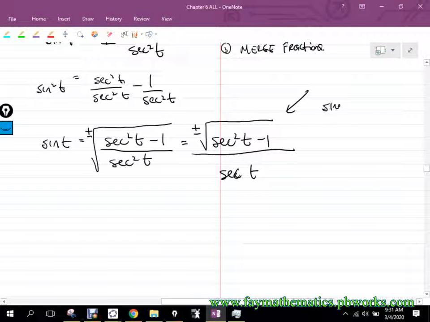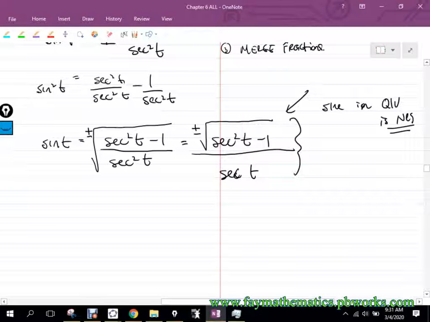Sine in Q4 is negative, right? So I want to figure out, how do I get that quotient to be negative? Well, this secant doesn't have a plus or minus in front of it. So I have to figure out, if t is over here in the 4th quadrant, is the secant positive or negative? It's positive.